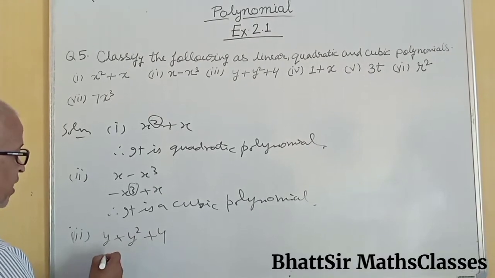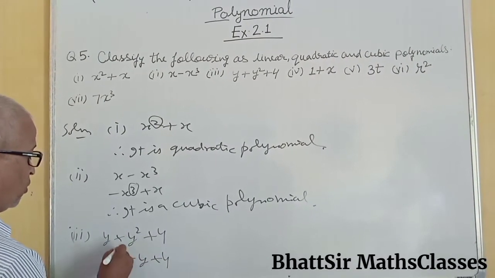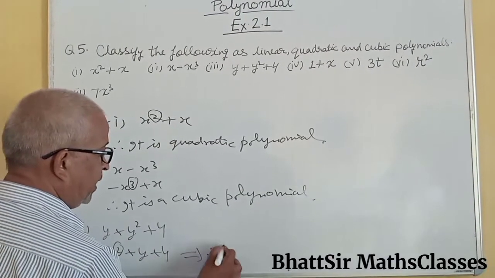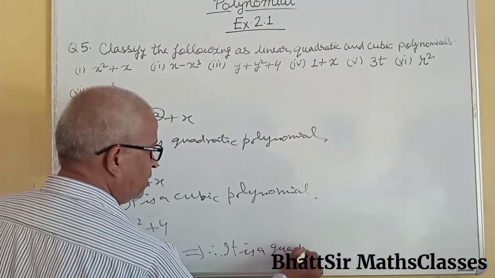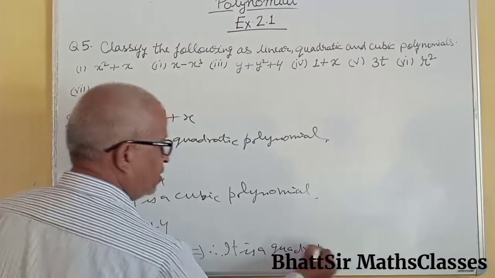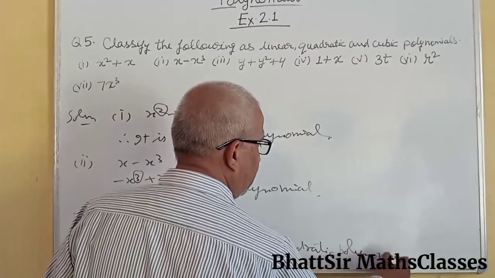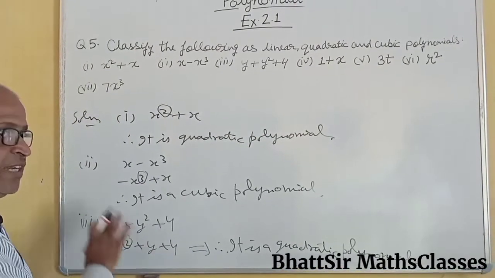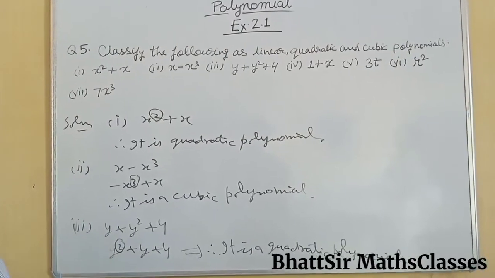Write in standard form: y square plus y plus 4. It has the highest degree 2. Therefore it is a quadratic polynomial. But this polynomial contains 3 terms, so that is called a trinomial, with highest degree 2.